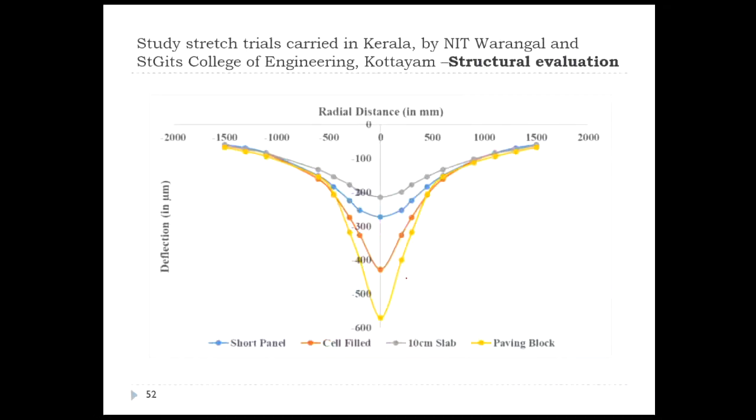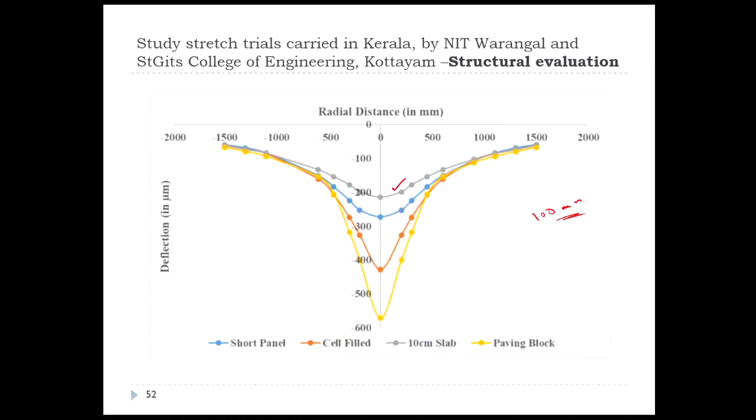For these 4 pavement sections, your conventional concrete of 100 mm thickness had the lowest deflection, indicating that it is a structurally good pavement, followed by our short panel concrete pavement, followed by self-fill, and followed by our paving blocks.